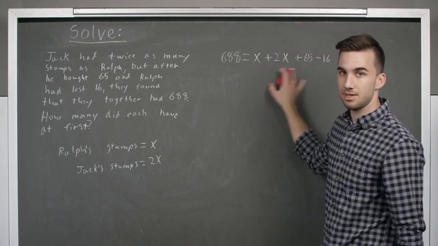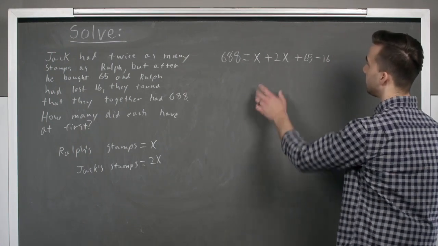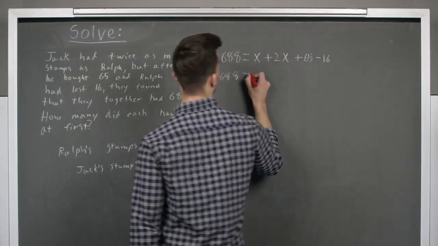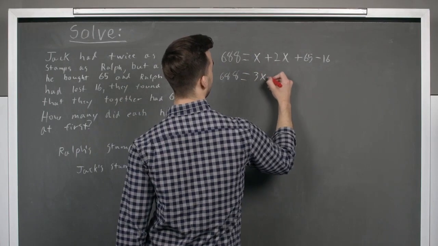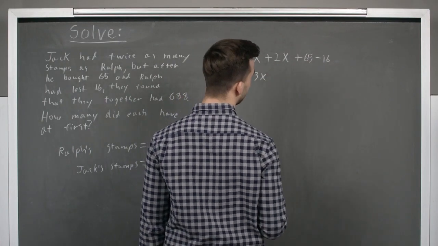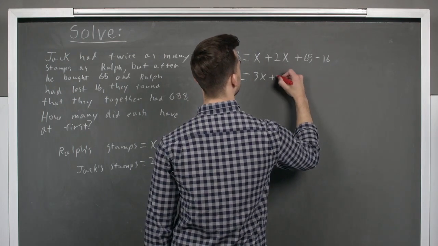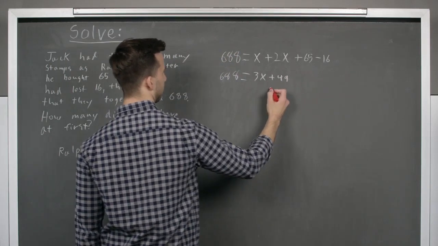But now we have an equation that we can solve. So this is the easy part. Let's combine like terms. We have 688 is equal to x plus 2x, which is 3x, and then 65 minus 16 gives us 49. So let's subtract 49 from both sides.